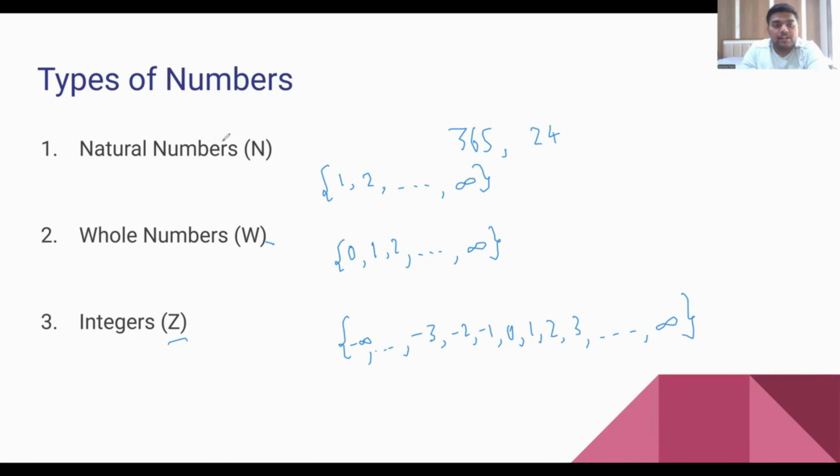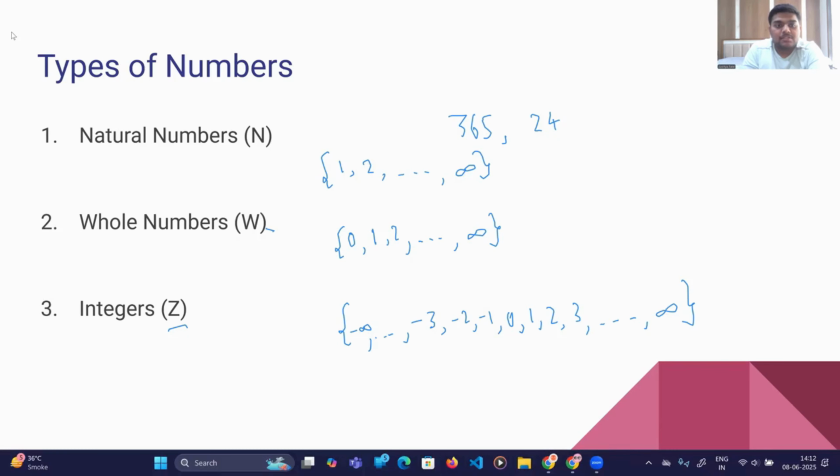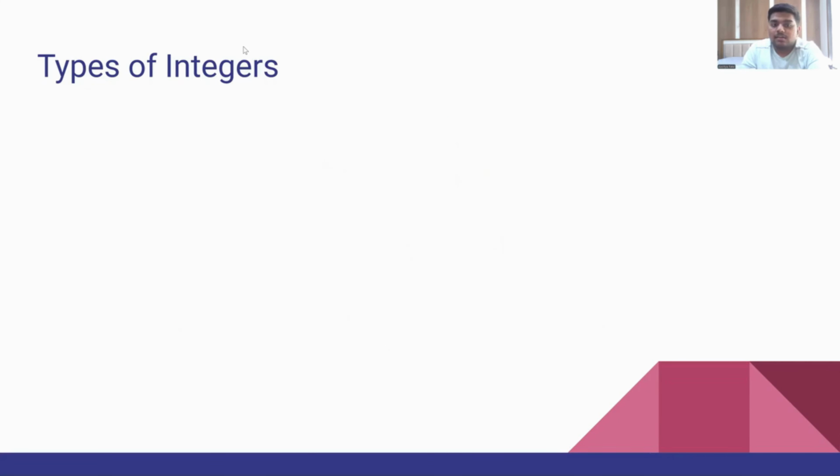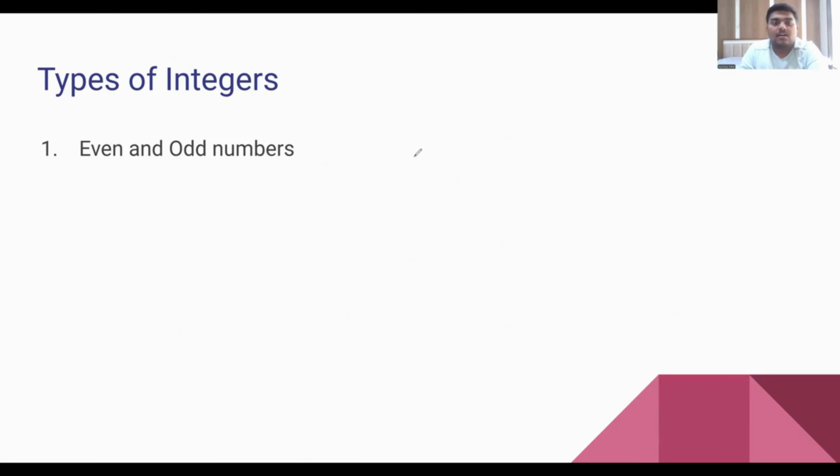Now there are certain types of integers as well. Basically, firstly, even and odd numbers. You must have encountered these terms when you have learned maths earlier.